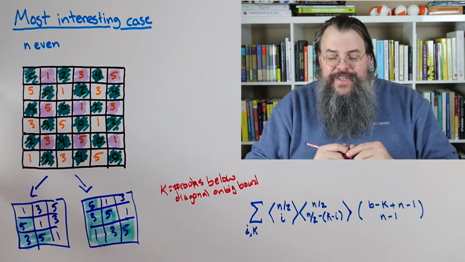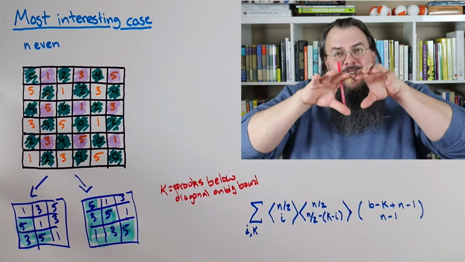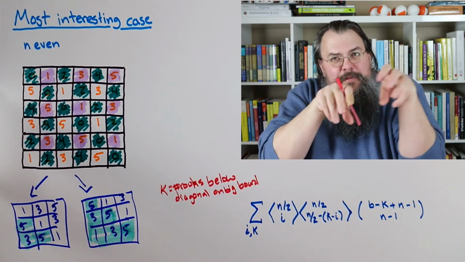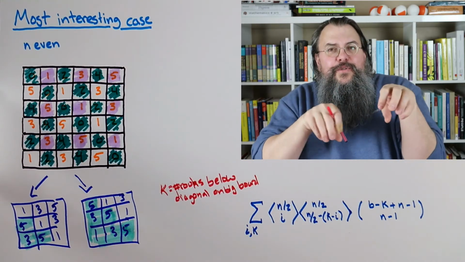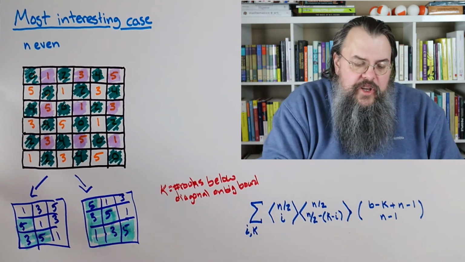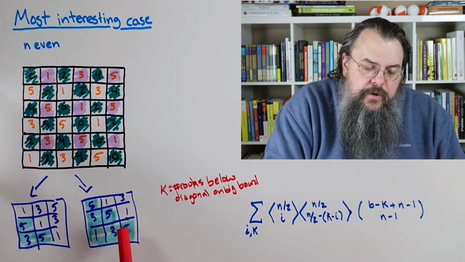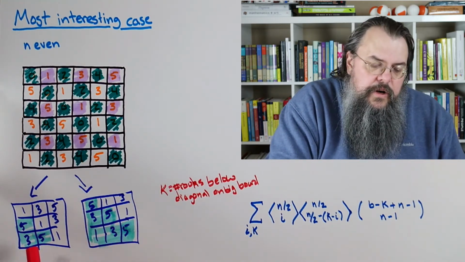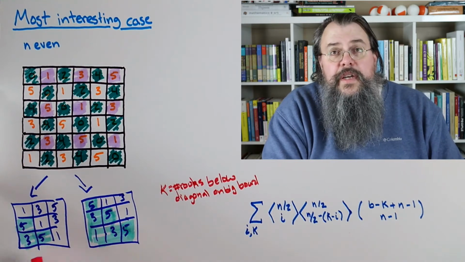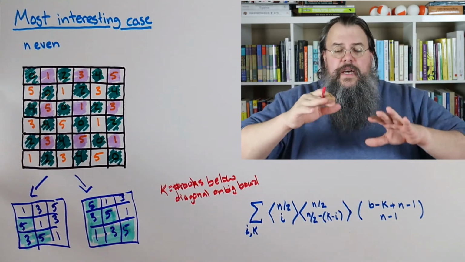Now it's a little bit more interesting here. Why? Because we've broken it apart below the diagonal into these two smaller pieces. And so we know that there are k rooks to be placed, but we could place all of them in one or all in the other or some combination of the two. It's this balancing act that says, how do we do that?